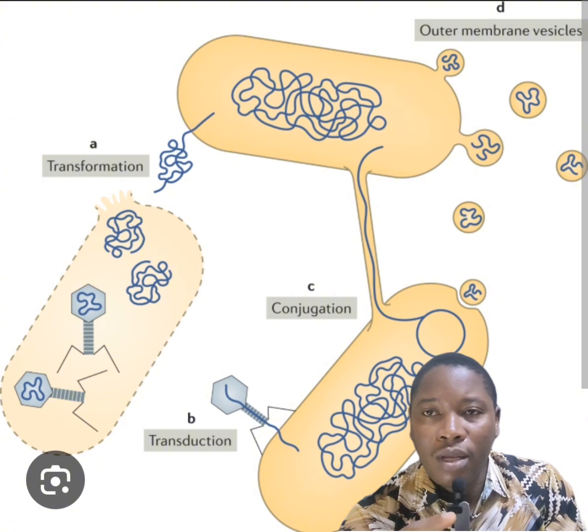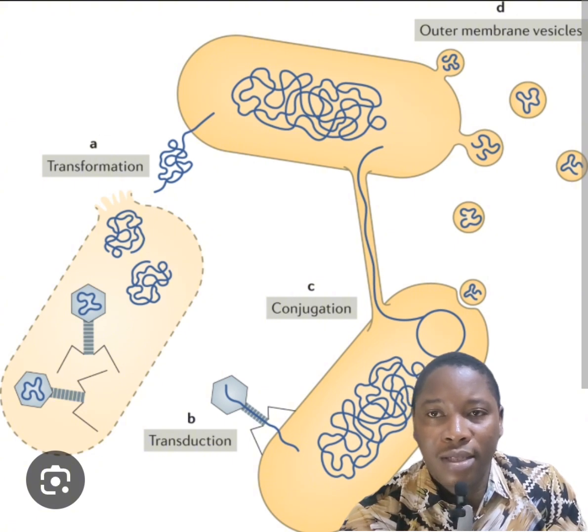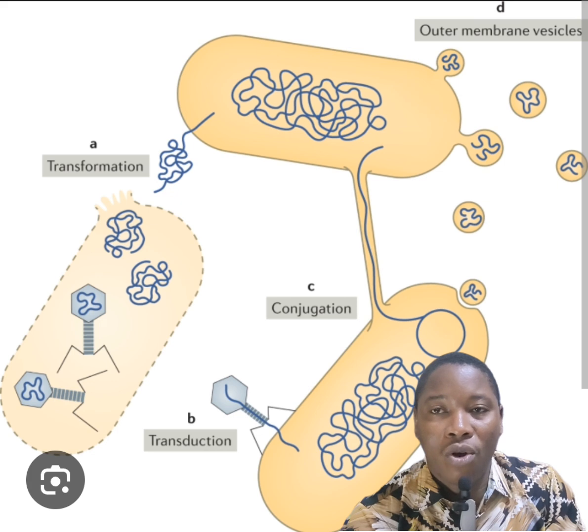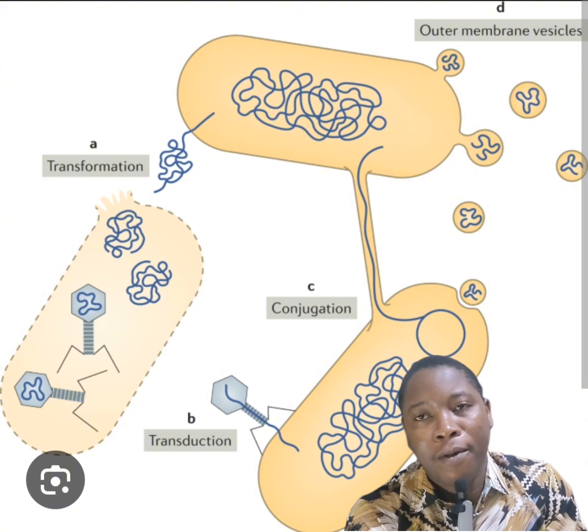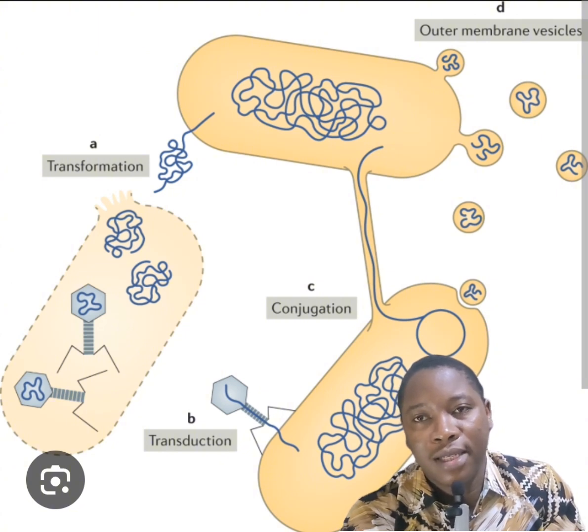The donor organism creates a passage because it has what you call an F plasmid. That is a type of plasmid. Plasmids are what we call extrachromosomal DNAs. They are DNAs that are not part of the chromosomal DNA in a bacteria.